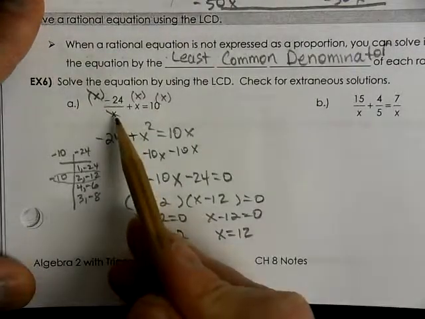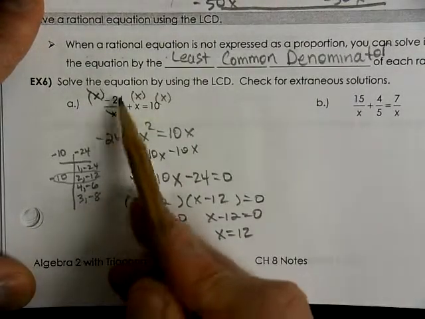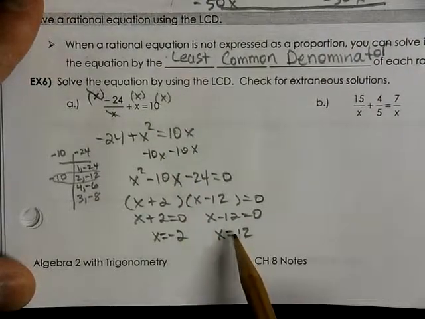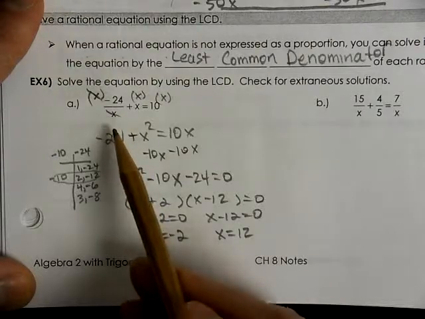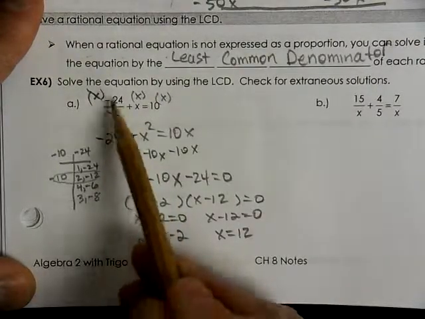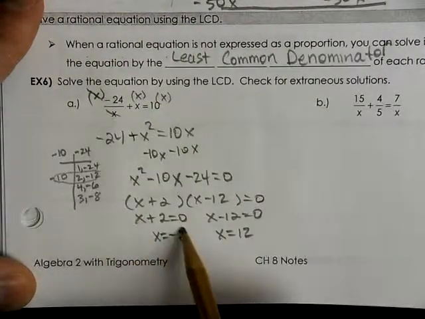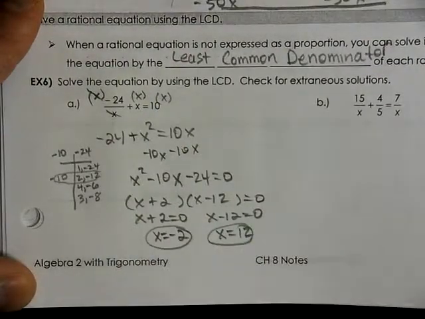If we plug in negative 2, we're going to get 12 minus 2 gives us 10. That worked. Plug in 12 and we get negative 2 plus 12, which is 10. Both these answers work.